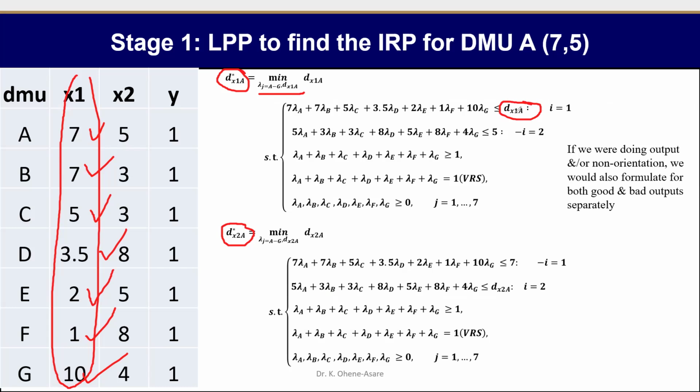In this case, the particular improvement factor is for DMU 1. This is for only the DMU A that we are dealing with.